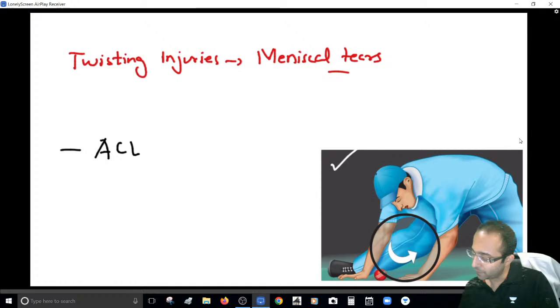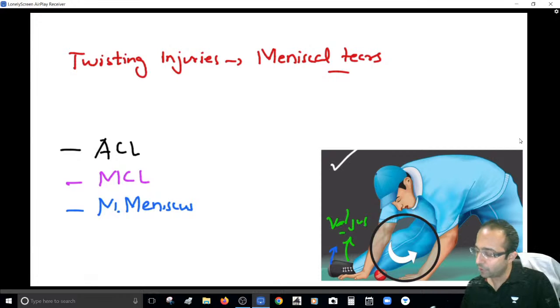See, as he's trying to pick a ball, the knee is getting rotated, and the leg is going into relative valgus, because the leg will go laterally because of this push of the body weight. So there will be valgus at the knee. This valgus will end up tearing the MCL, and this rotation will end up tearing the medial meniscus.